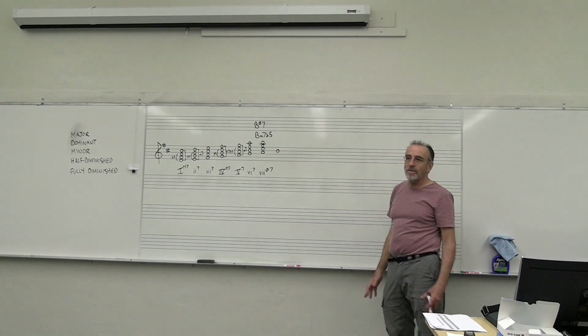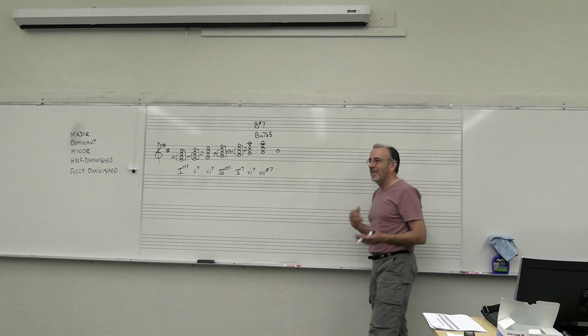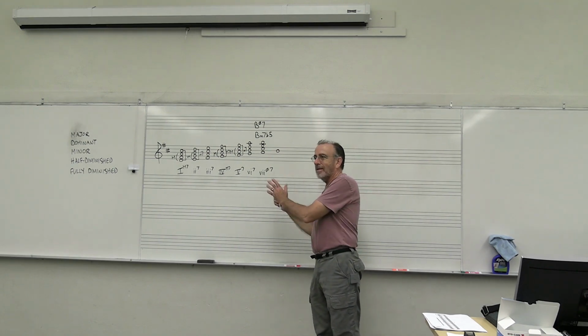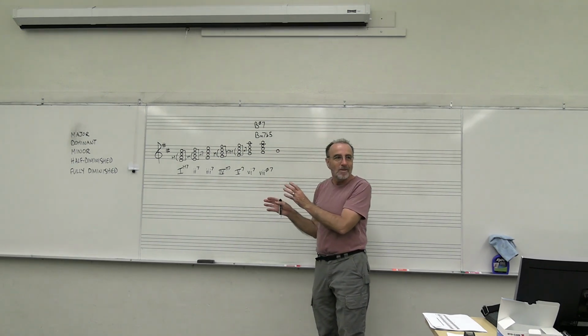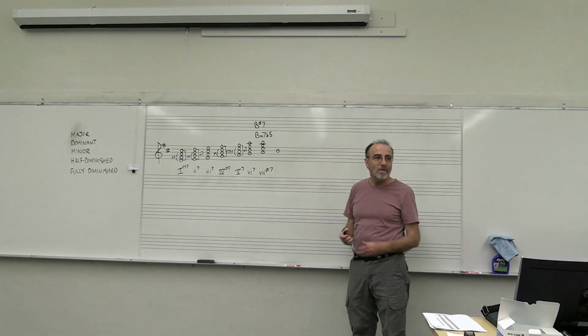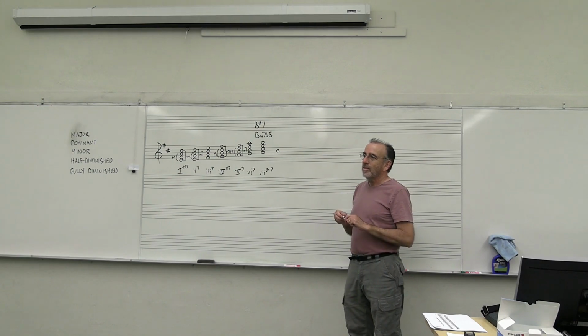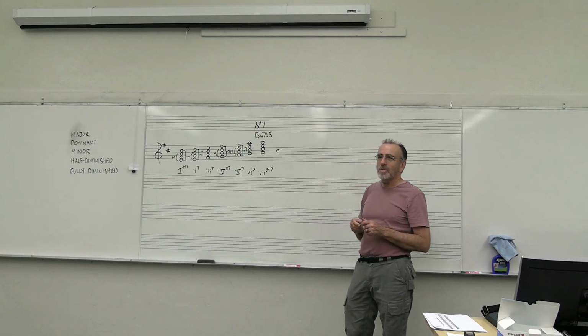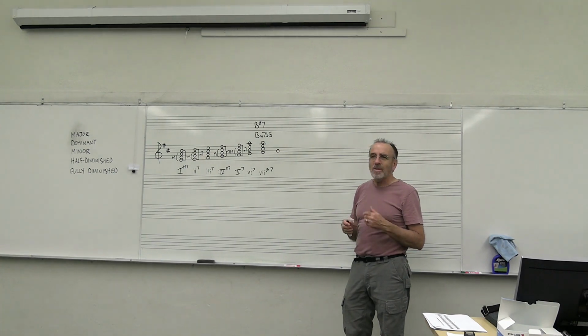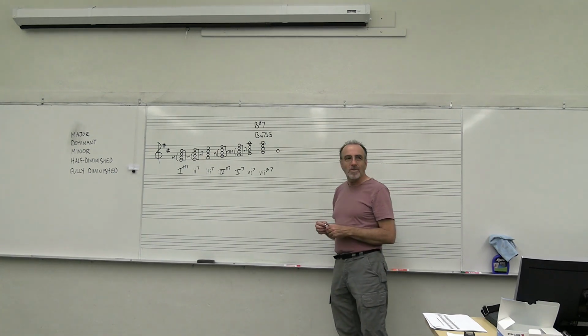I mean, you have to talk to both people, even if you're just studying classical. Somebody's going to tell you minor 7 flat 5, and you're going to say, well, what does that mean? And vice versa. If you're talking to a jazz person, you say half diminished, they might know what you're talking about, but they might also go, huh? And then you have to say minor 7 flat 5. Oh, okay, I understand that.